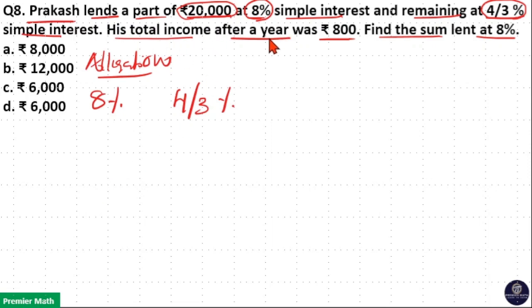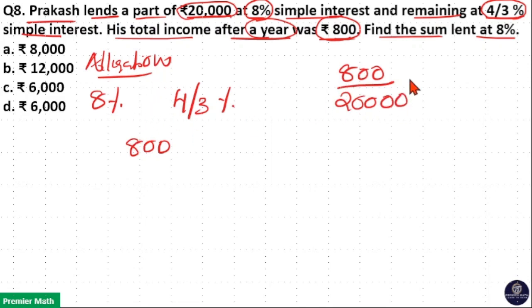Now income after a year was rupees 800. So this 800 is received from this 8% and 4/3% respectively. So write 800 in the middle. Now this 8 and 4/3 are in percentage format, so we should find the percentage form of this 800. This 800 is received from the total 20,000 rupees.